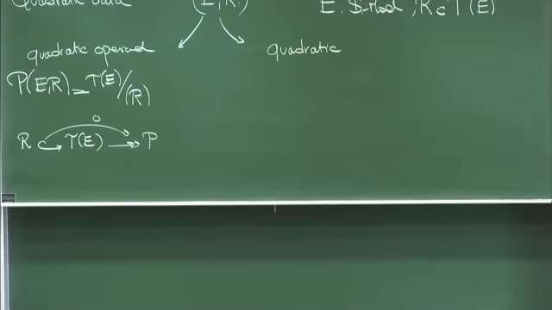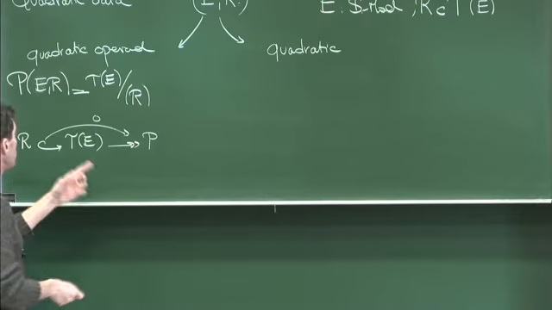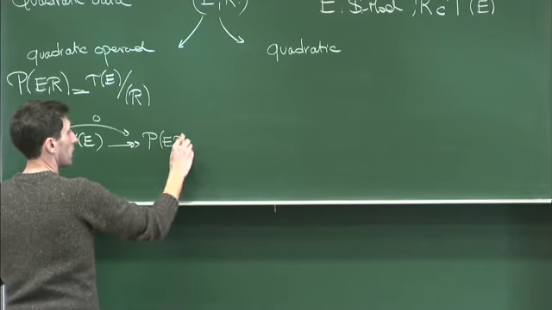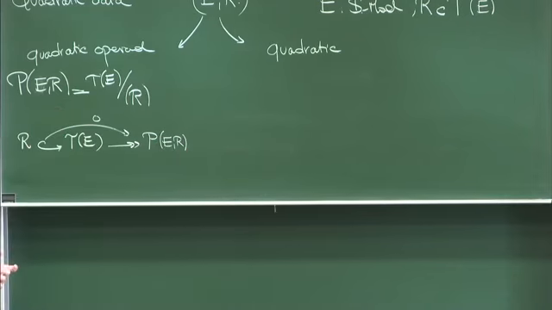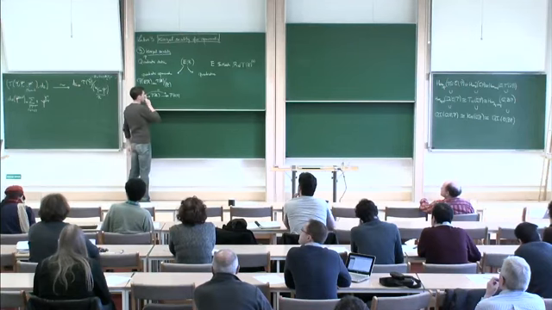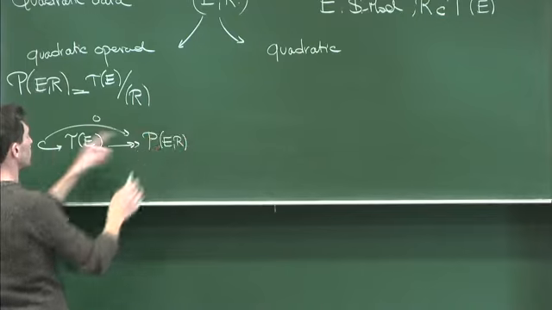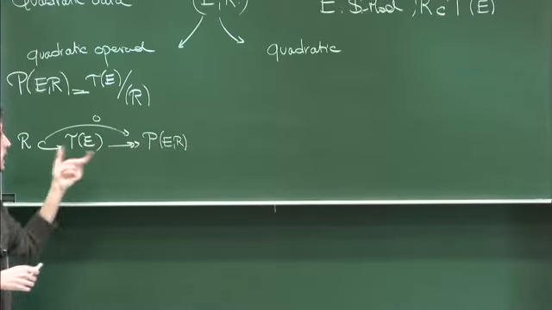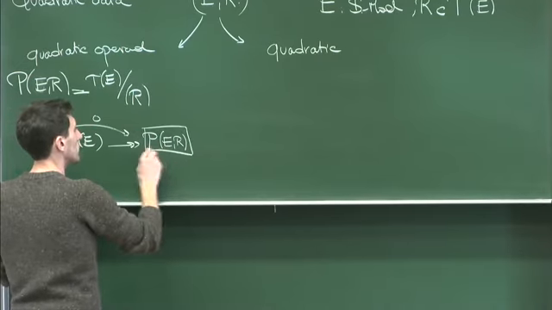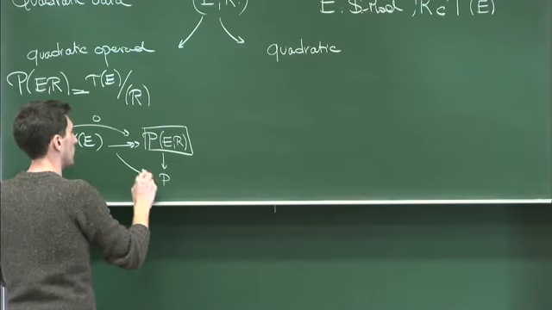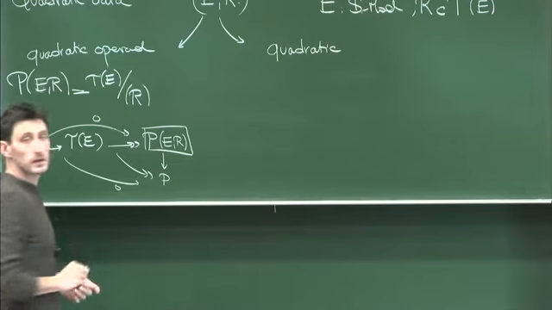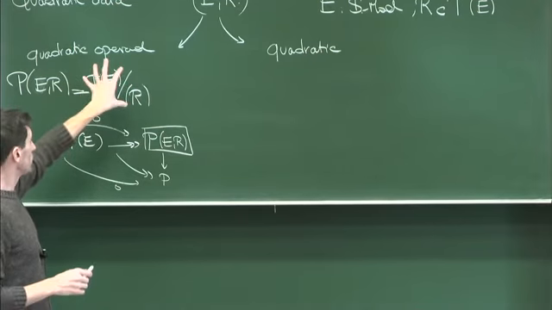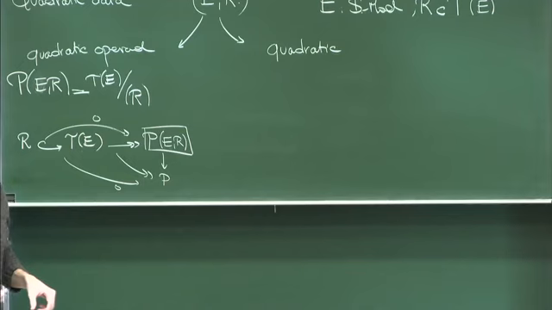So you consider the category of operads under T of E such that this vanishes, and the quadratic operad is the initial object of that category, right? And if you want to see what it looks like, this gives you an answer to that universal question.